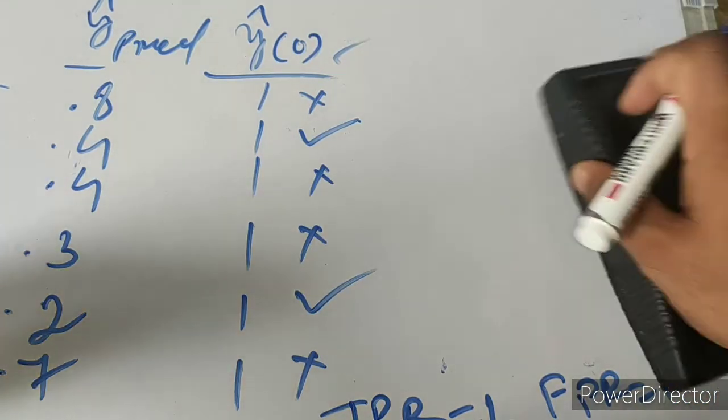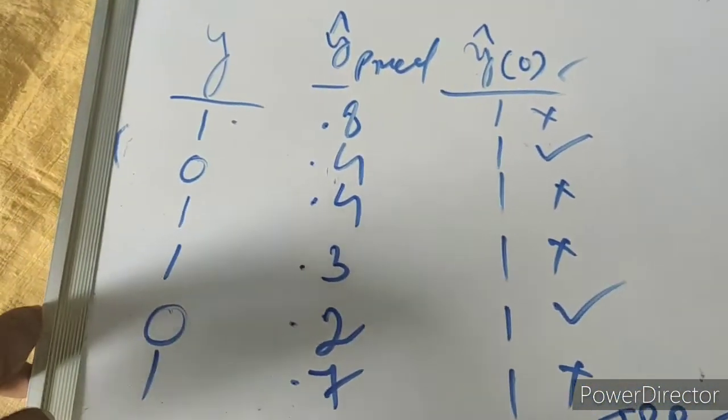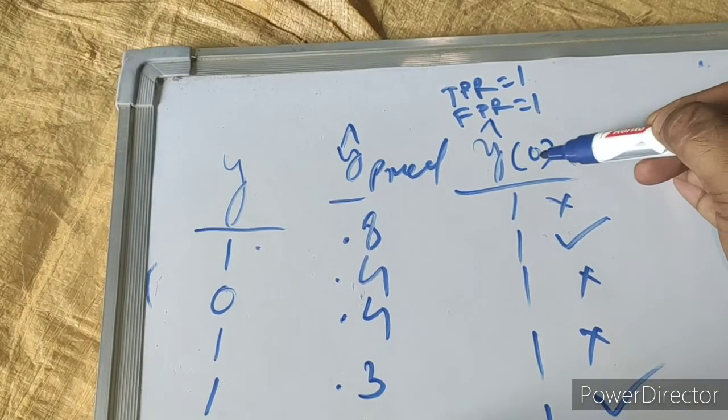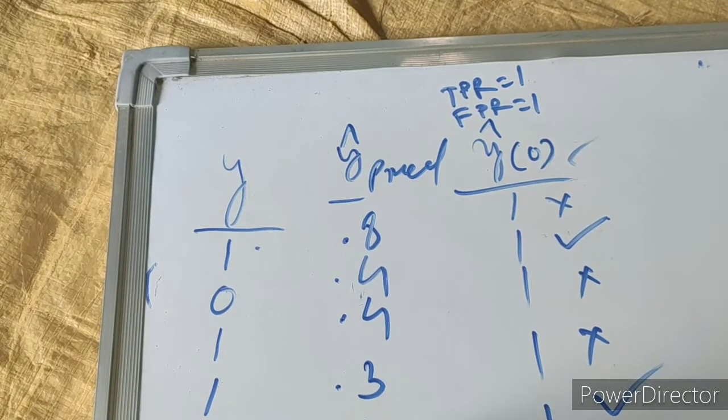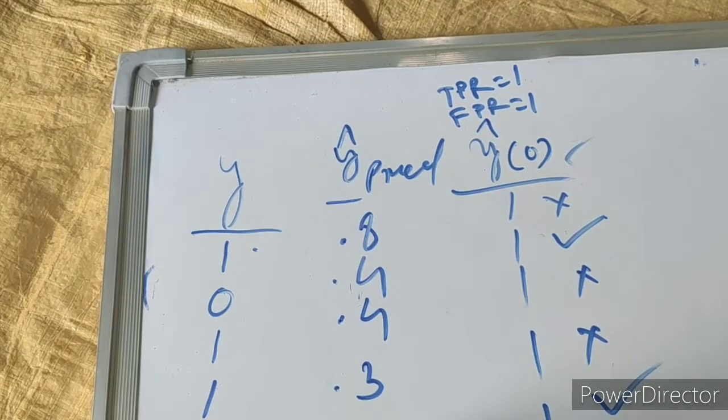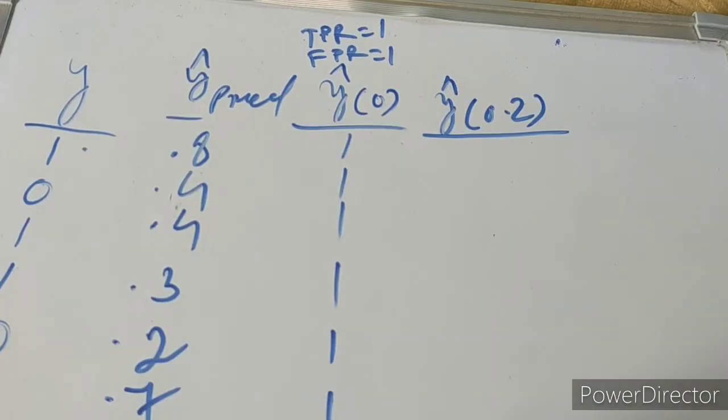So I'm noting it down. You can see on the screen I have noted down above the Y prediction of threshold 0, true positive rate equal to 1, false positive rate equal to 1. As we can see on the screen, if 0.2 is the threshold value, then the Y prediction values which are less than or equal to 0.2 will be considered as 0, and which are above 0.2 those are considered as 1.